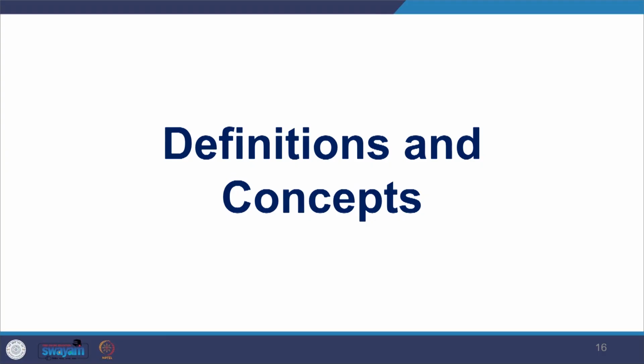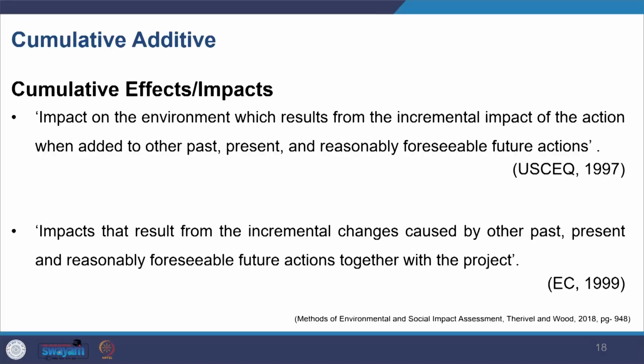So looking into definitions and concepts, first looking at what cumulative, additive and synergetic effects are. The impact on the environment which results from the incremental impact of the action when added to other past, present and reasonably foreseeable future actions. So that is what we call cumulative.